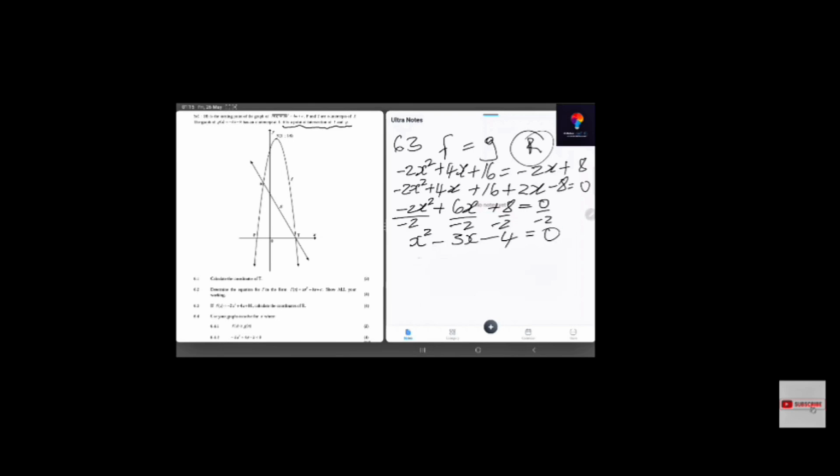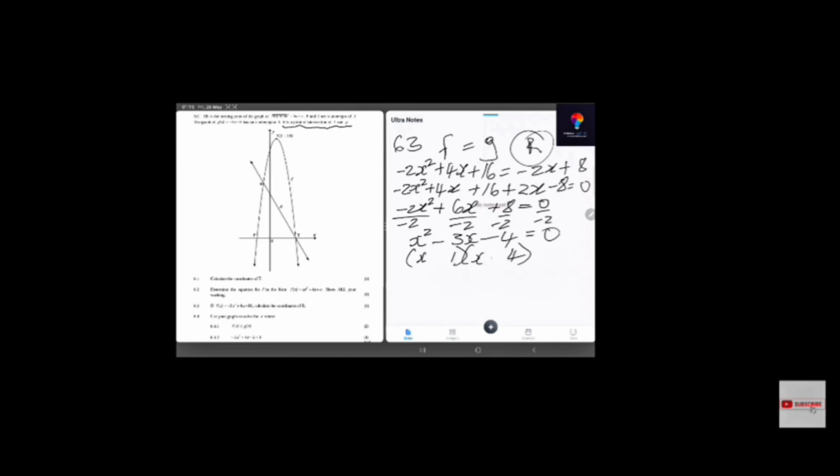Then we have to factorize here to get the value of x. In this case, it's simple. If we multiply 1 and 4, it gives us 4. If we subtract 1 from 4, it gives us 3.